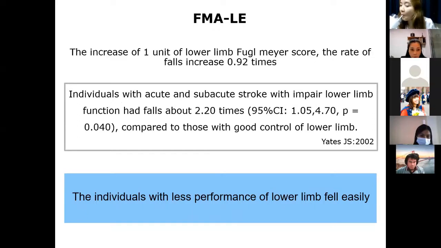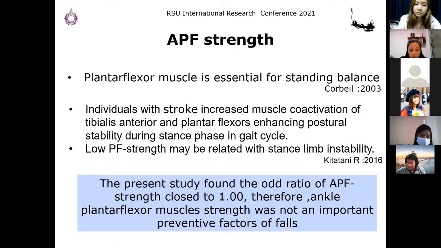For the lower limb movement, individuals with acute and subacute stroke with poor lower limb function had fallen about 2.2 times compared to those with good control of the limb. However, our study had less performance of lower limb, and it suggests that individuals with less performance of limb fall easily. Plantar flexor muscle is essential for standing balance.